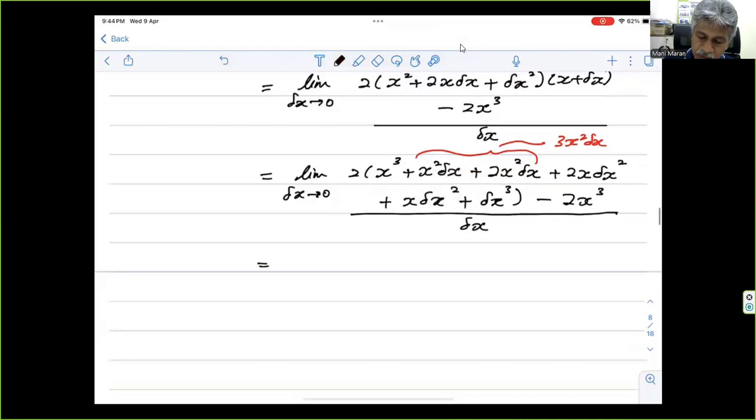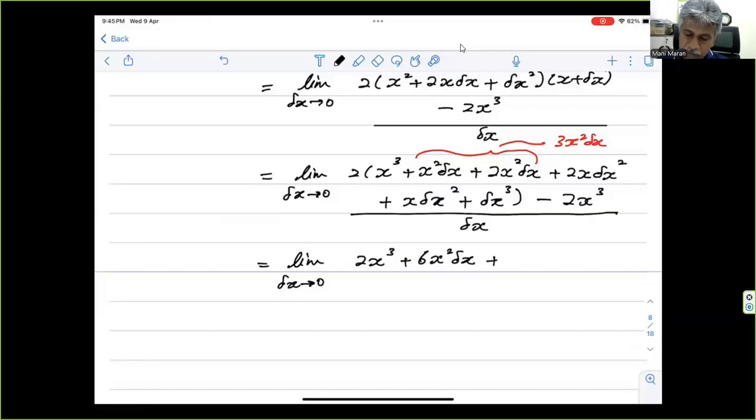So this will be equal to the limit as delta x approaches 0. Multiply the 2 inside there, you'll get 2x cubed, plus 2 times 3 will give you 6x squared delta x, and then you'll get 6x delta x squared.